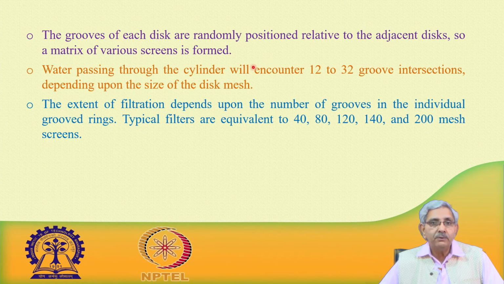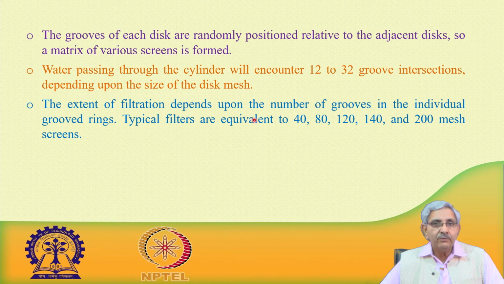The grooves of each disc are randomly positioned relative to the adjacent disc. So, a matrix of various screens is formed, and water passing through the cylinder will encounter 12 to 32 groove intersections, depending on the size of the disc mesh.